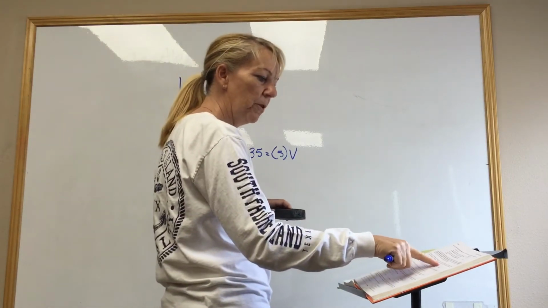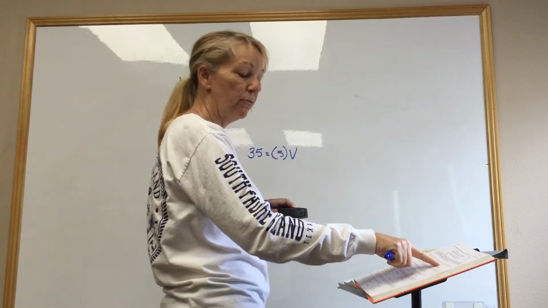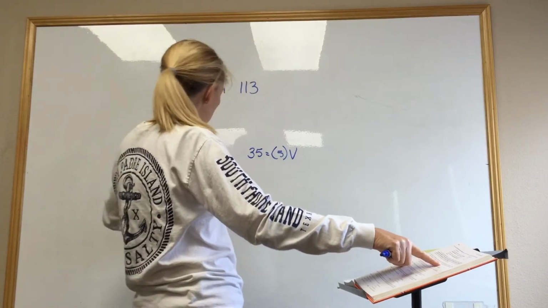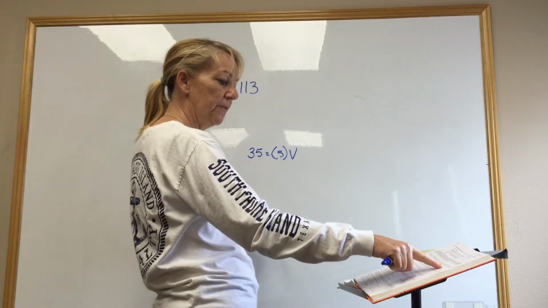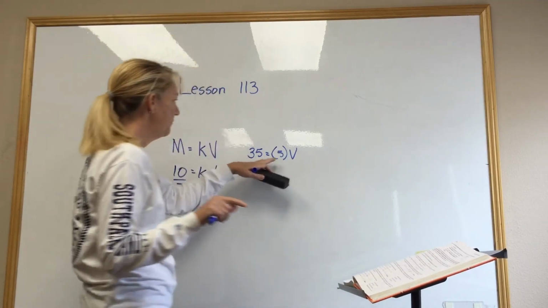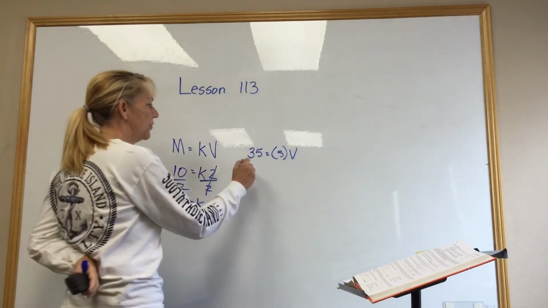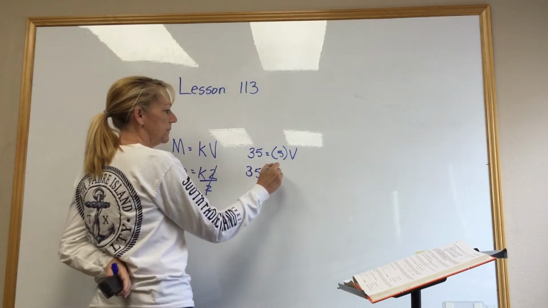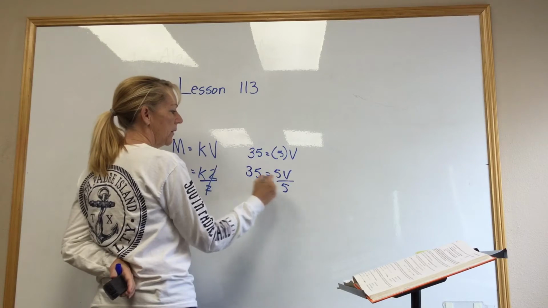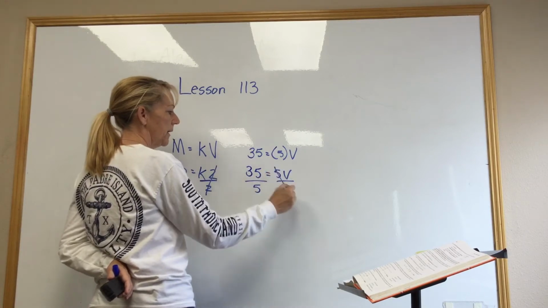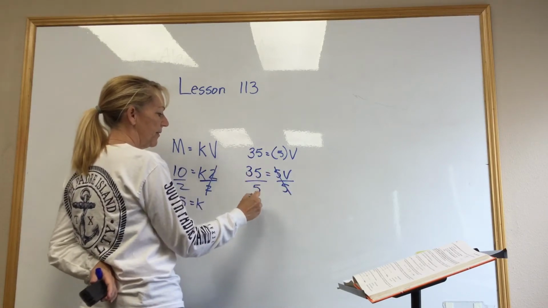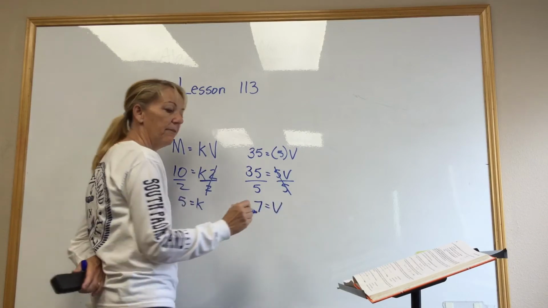We're solving for volume now. So now we're changing this to 35, 5 times volume. Again, we would isolate our variable. 35 divided by 5 is 7. So our volume would be 7.